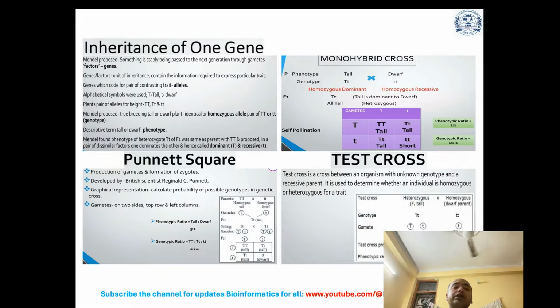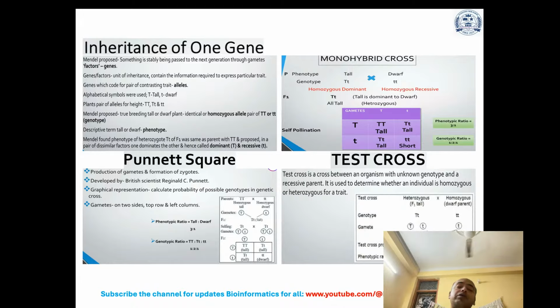Now, you can also understand what Mendel proposed: something stable is being passed to the next generation through gametes, factors, that is genes. Genes or factors are the units of inheritance and contain the information required to express a particular trait. So these are questions which will be very easy for multiple choice questions if you understand it.